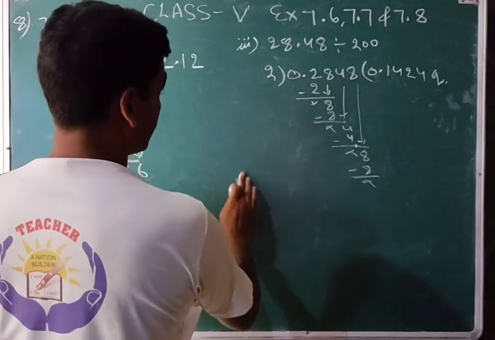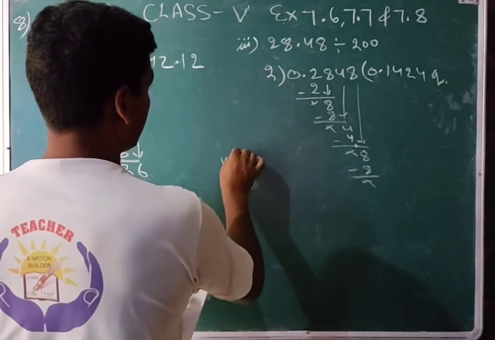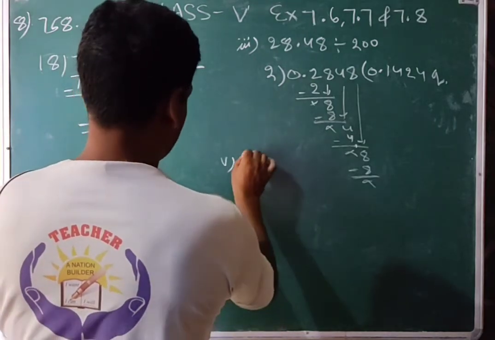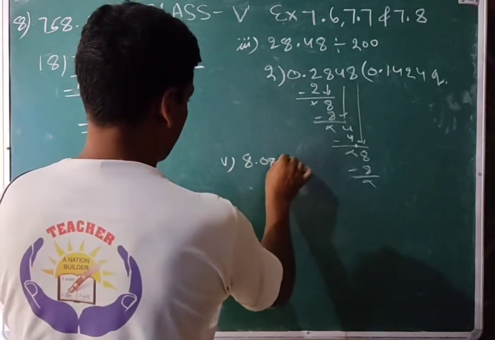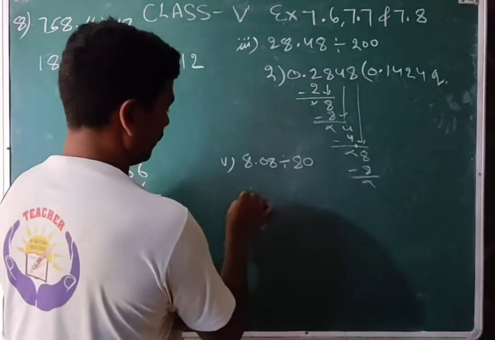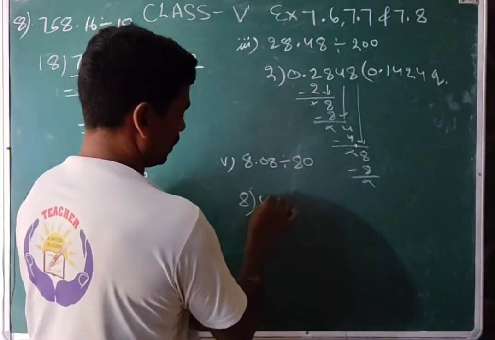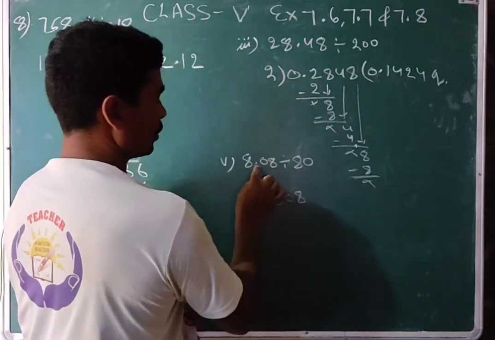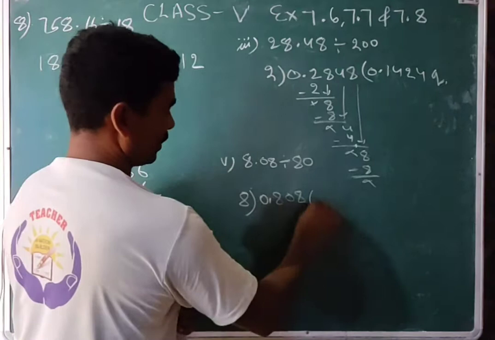Fifth part, that is 8.08 divided by 80. So again we will write 8 and then 0.808. We have left 1 zero, so this decimal will come here.